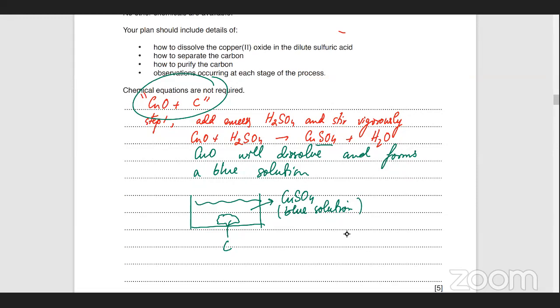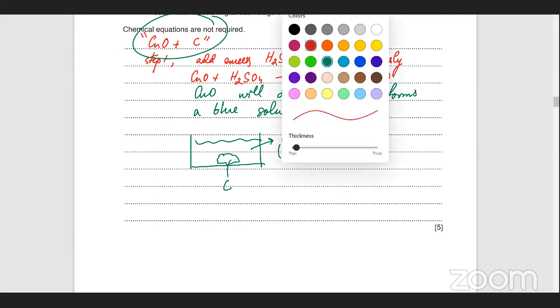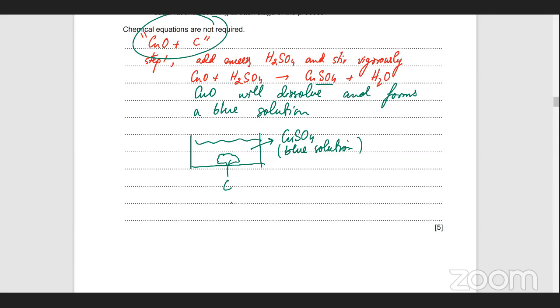अब कार्बन को बाहर निकाल ले तो क्या करोगे? Simply वो dissolve हो गया. That's gone. It's part of the solution. You filtered it out. So that's what you're going to do. What you're going to do is filtration exactly.